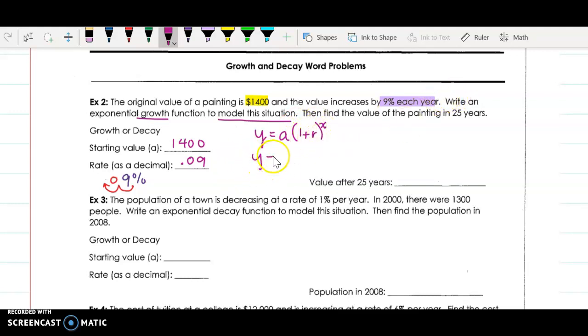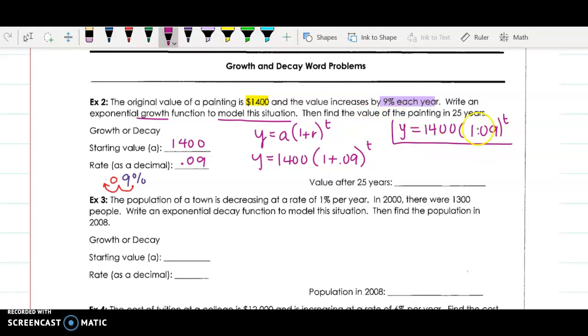So that'll be y equals, we'll substitute our initial value of 1,400 here, and 1 plus 0.09 here for our rate. And then instead of x, we'll use t for time. And then we'll go ahead and add the base value together to get y equals 1,400 times 1.09 to the t.